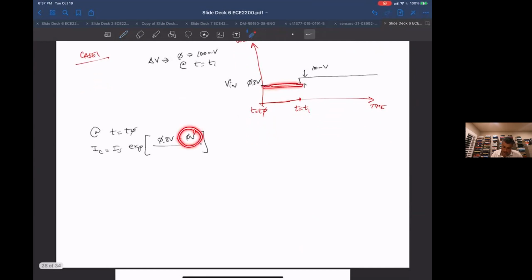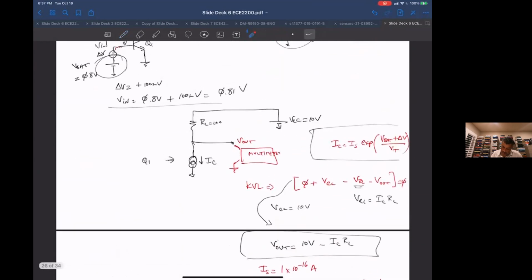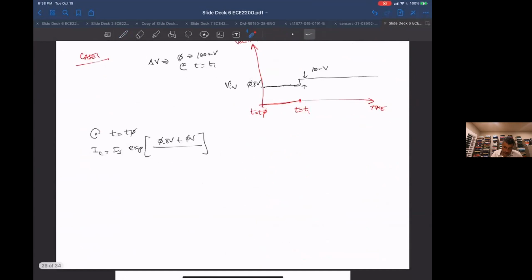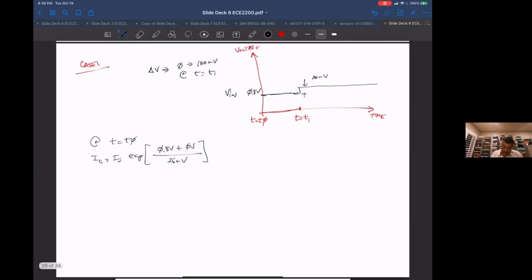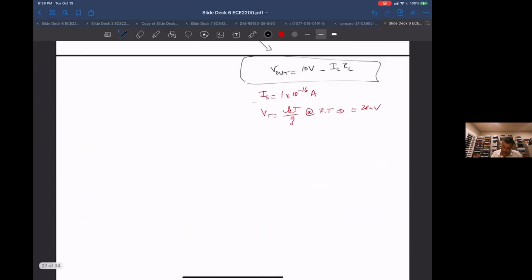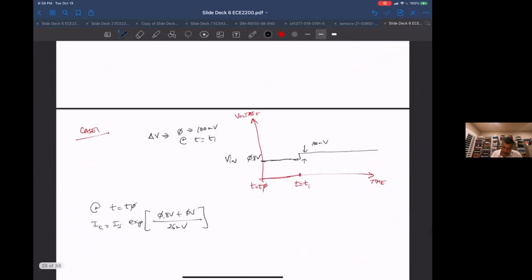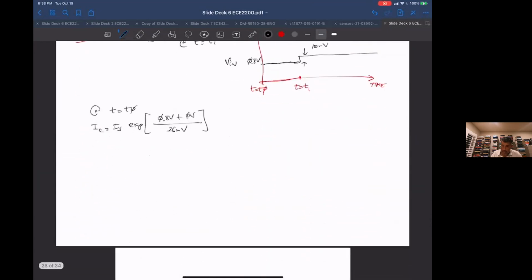I put this so that I'm consistent with my general equation for I_C over 26 millivolts. If I plug in my I_S and V_T, this ends up being equal to 2.3 milliamps.